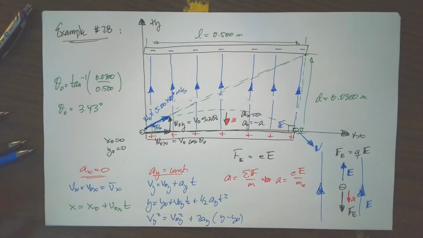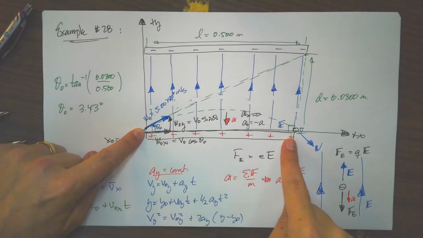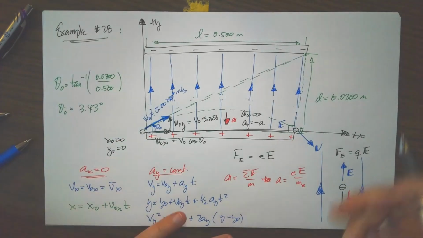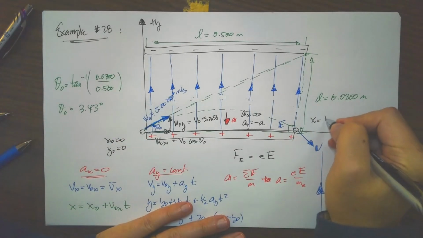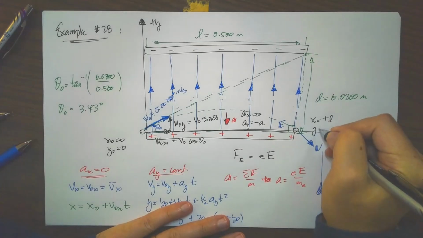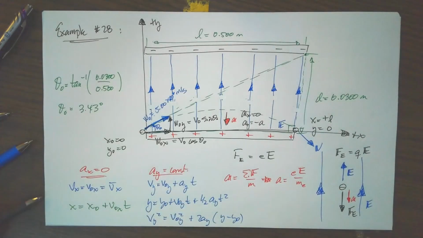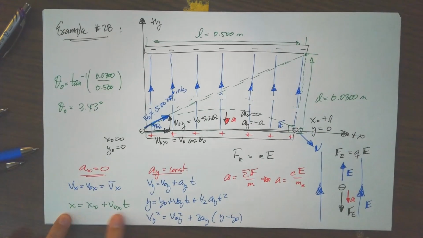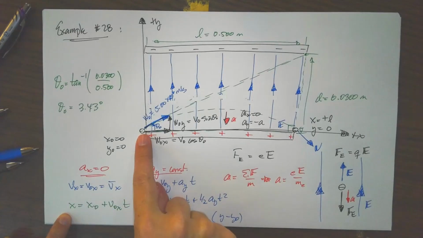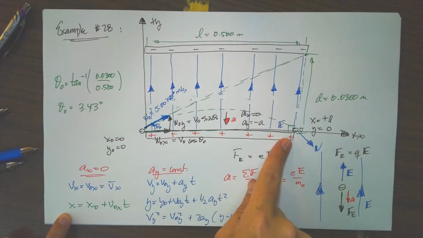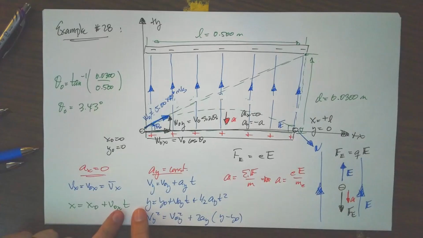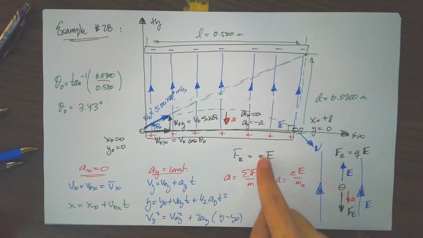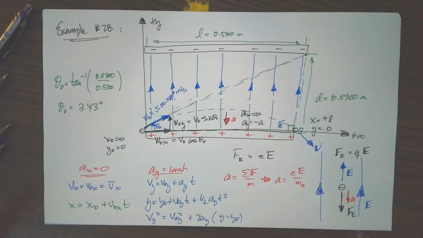Then I know that my final x position is going to be plus L, and my final y position will be 0. And so I can put that into here and solve for the amount of time it takes the electron to transit the parallel plate. I can take that time, put it into the y equation, and then try to come up with some expression for the electric field magnitude to produce that motion.